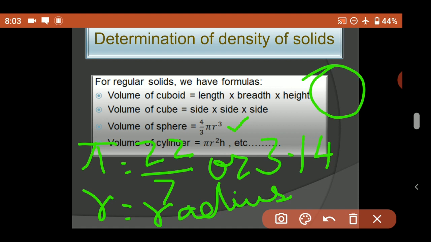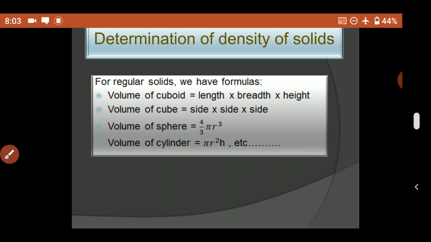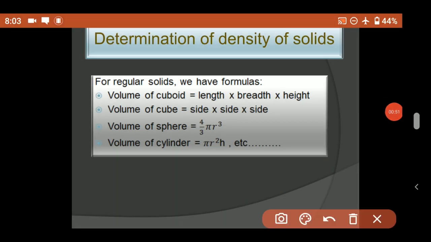Now coming to the next, the volume of a cylinder, is equal to pi r square h.